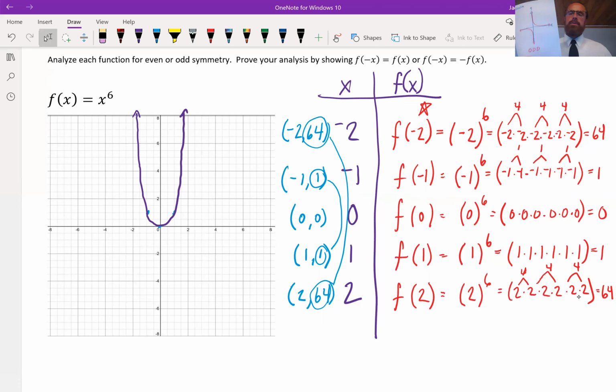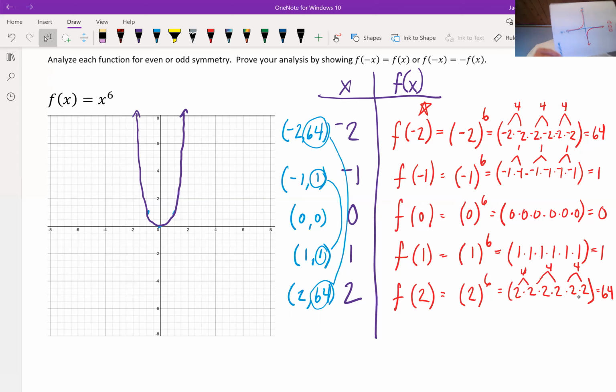That's in comparison to an odd function, which is not reflectional, but rotational. An odd function is a rotation. And when we say rotation, what we're claiming is that if I rotate this graph 180 degrees, so it's kind of a half turn, and I get back to the same graph, so notice when I started, I had part of this graph here in quadrant 1, part of it down here in quadrant 3.